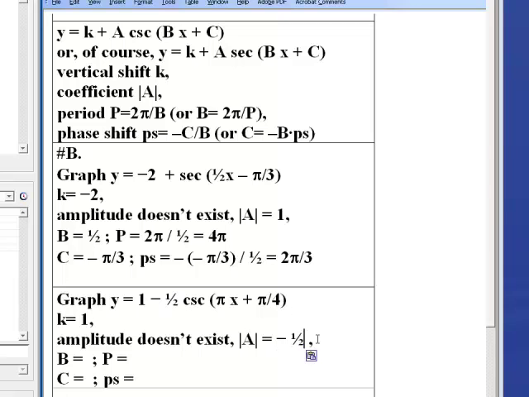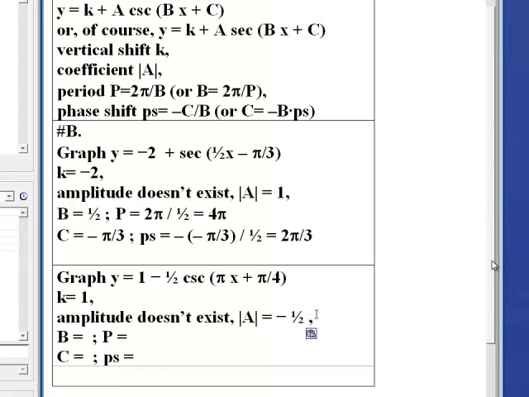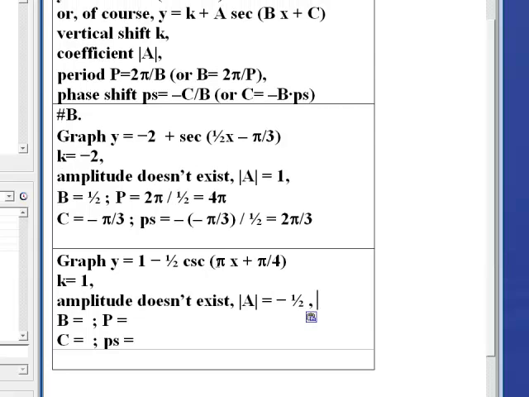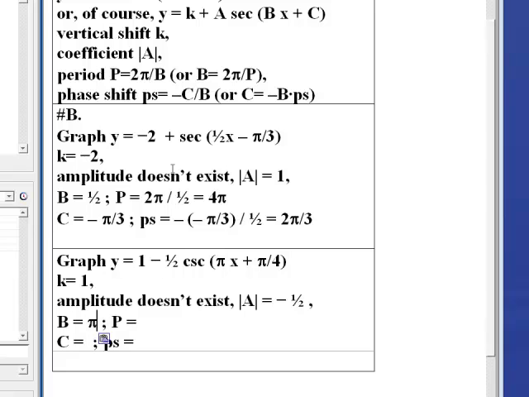So that just turns the cosecant around, reflected, that is. The coefficient b is pi, so the period is going to come out to 2 pi divided by pi, which means we have a period of 2.